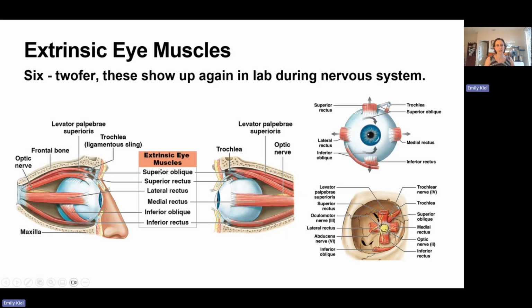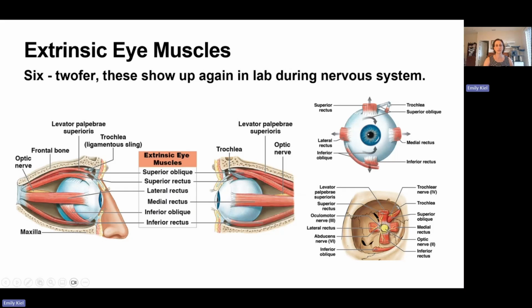So for the obliques, I kind of remember that the term in front of it is going to be the opposite of the way the eye is going to look. And then you've got your superior oblique, which has this special little contraption here called the trochlea. Trochlea, we saw in the humerus lecture, means pulley. And in this case, it is truly a pulley.